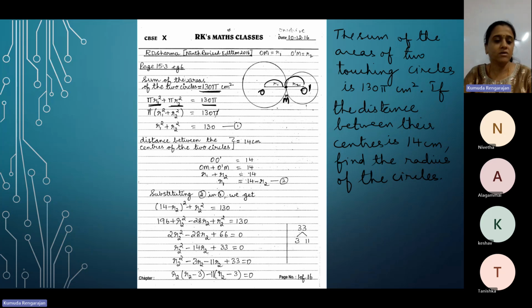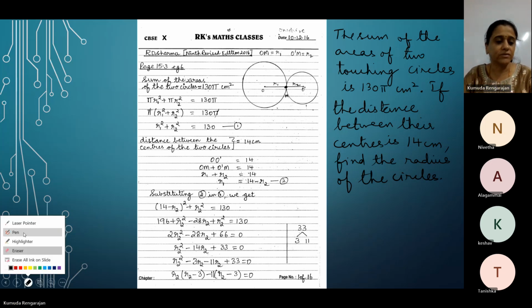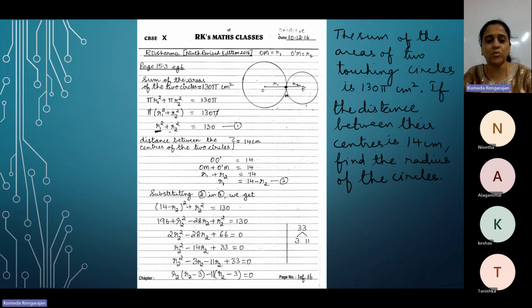All right. So we have two equations. The first equation is quadratic: R1 square plus R2 square is 130. And the second equation, R1 plus R2 is 14, is linear. So use a substitution method.